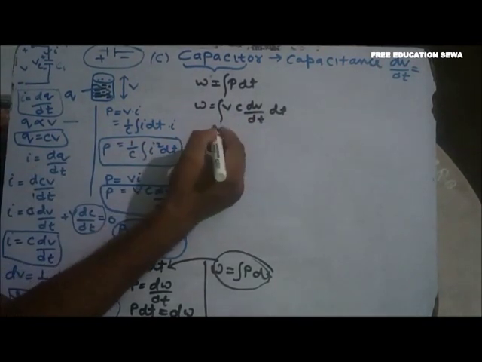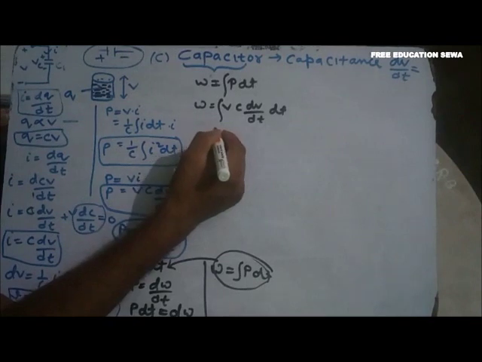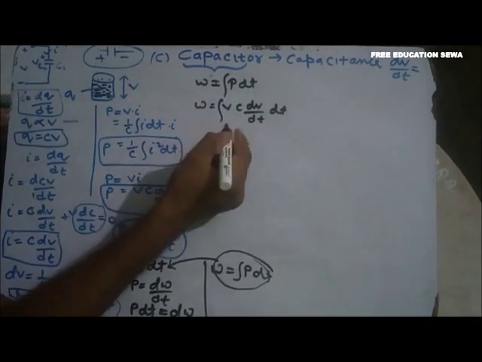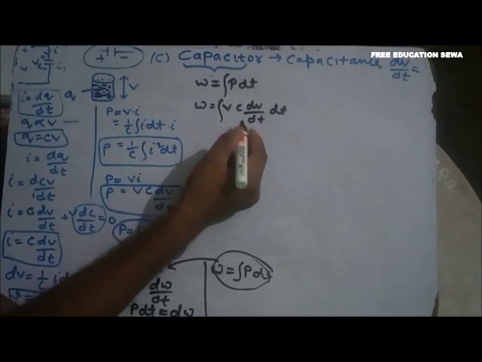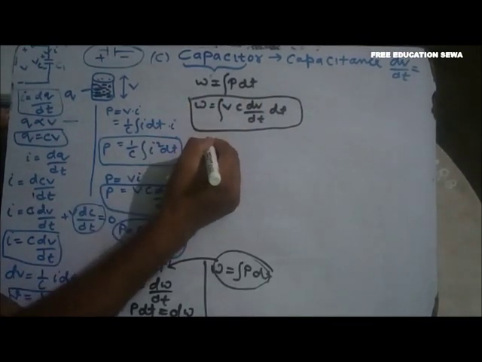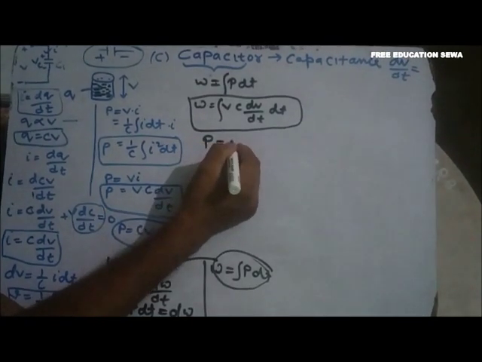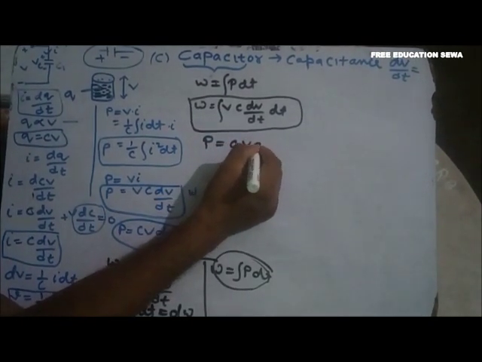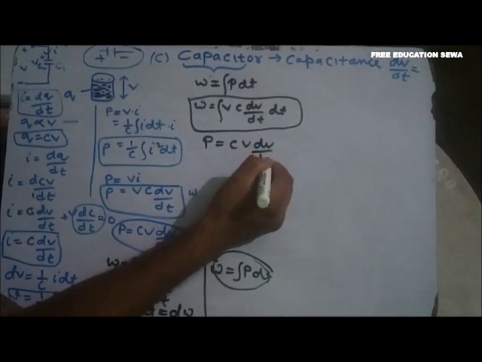Integration and differential cancel out, you will get this. Also, P equals CV dV by dt.